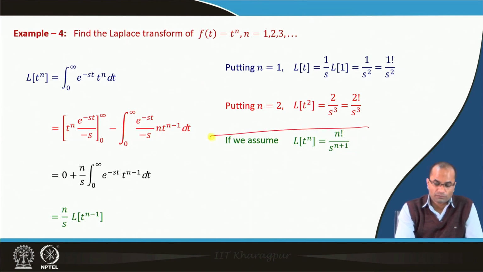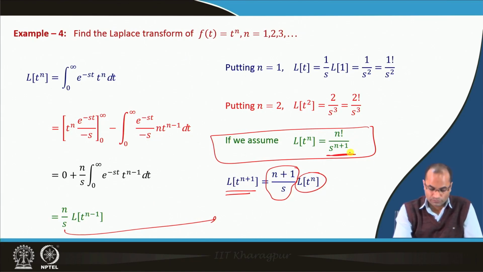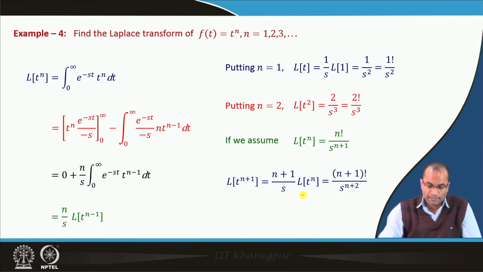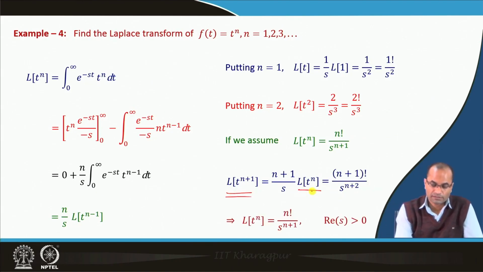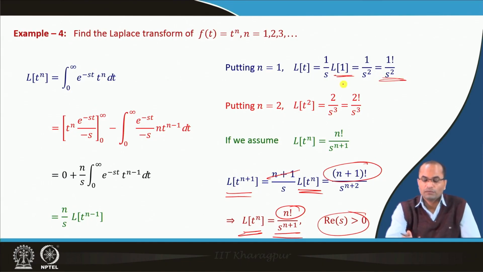And having this formula, now we can try to compute for t power n plus 1 again with this relation. So, we have n plus 1 over s times the Laplace of t power n, which is known here, that is factorial n over s power n plus 1. So, the Laplace of t power n plus 1 is factorial n plus 1 over s power n plus 2, and the condition naturally is that the real part of s is greater than 0, which is the condition for the Laplace transform of 1 used there.